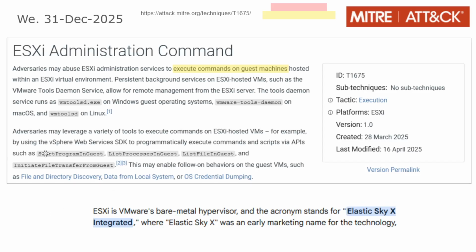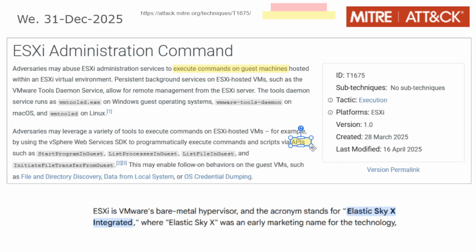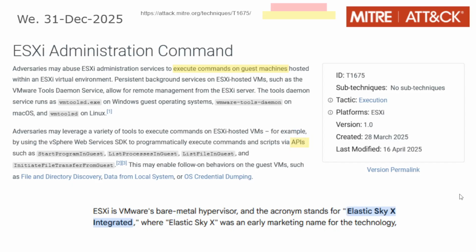And then you see some examples. There are some software development kits and programmatic executions, and APIs most and foremost, that are used for accessing that. Well, what is the obvious solution to that? We will get to this. Mitre covers that, but again, logging and monitoring.